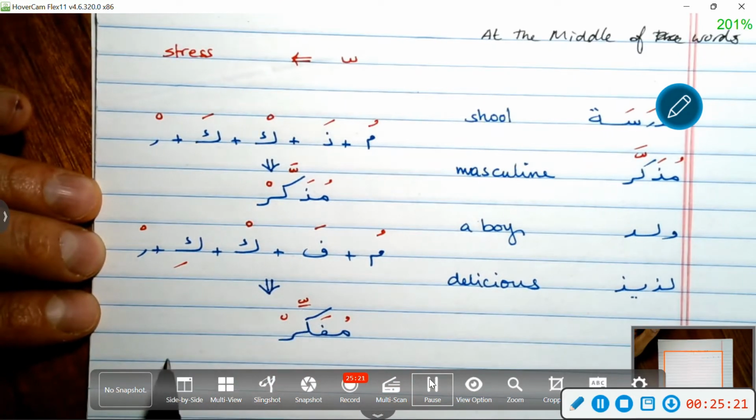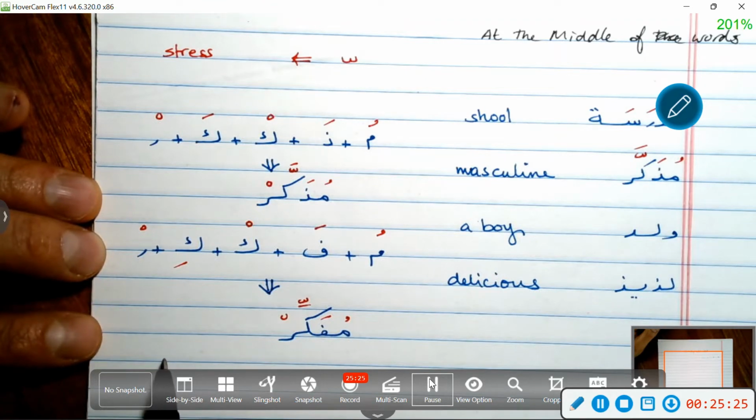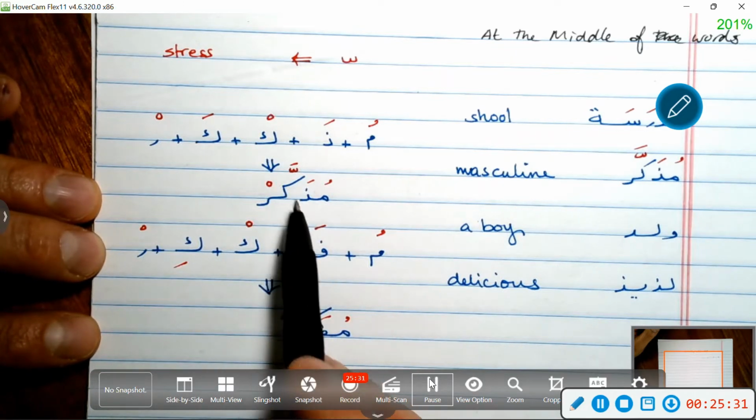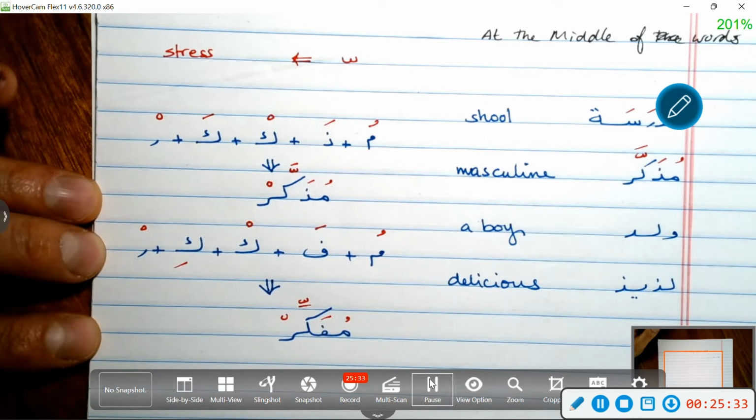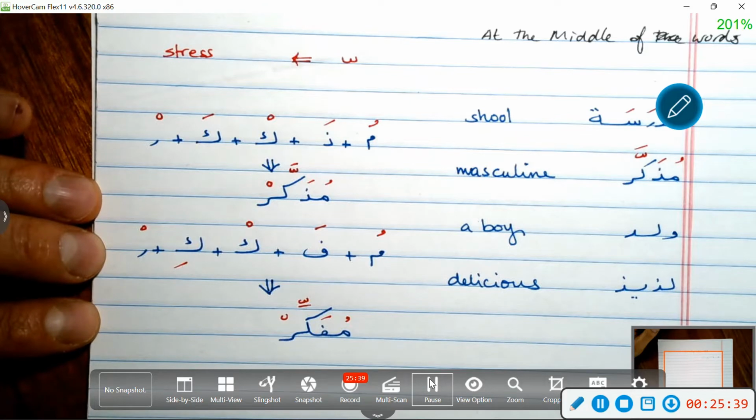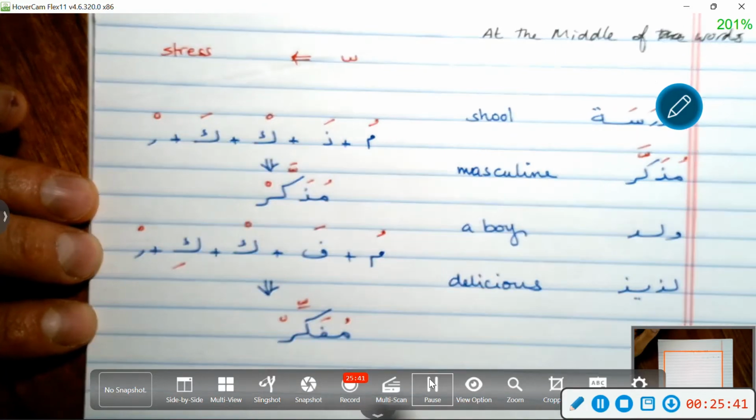It means it's shadda maksura. Now, whenever we see shadda, it means there are going to be two letters combined together.